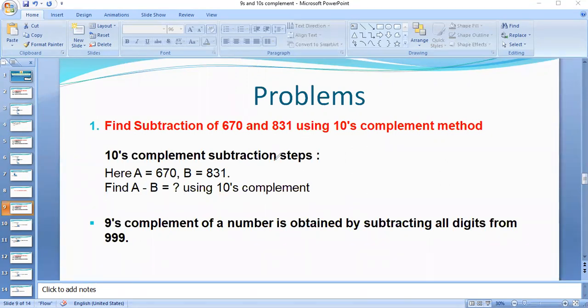See here, I'm going to perform the A minus B operation, where this is the minuend and this is the subtrahend.